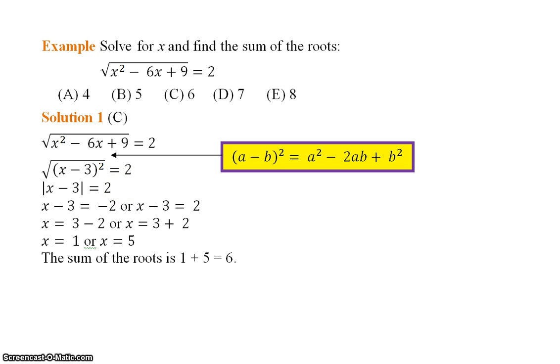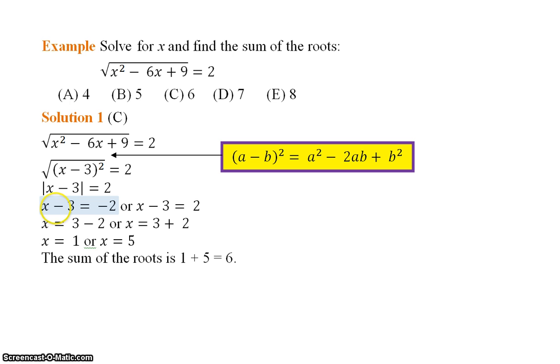There exist two real numbers whose absolute value equals 2. These are numbers negative 2 and positive 2. Therefore, x minus 3 equals either negative 2 or x minus 3 equals positive 2. Now we can move negative 3 to the right side in both equations.